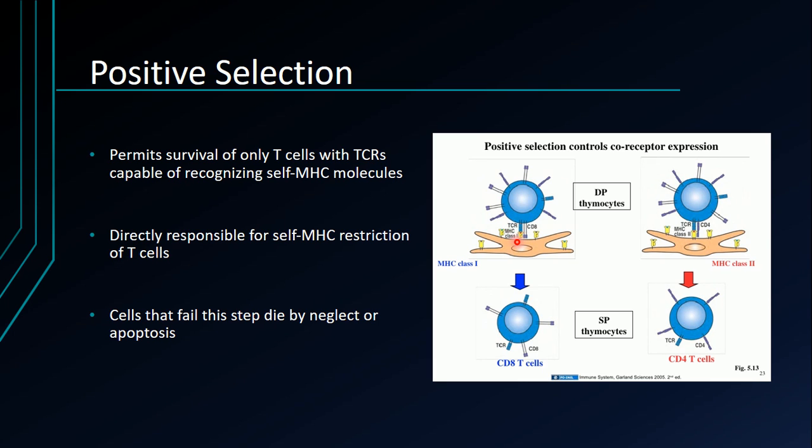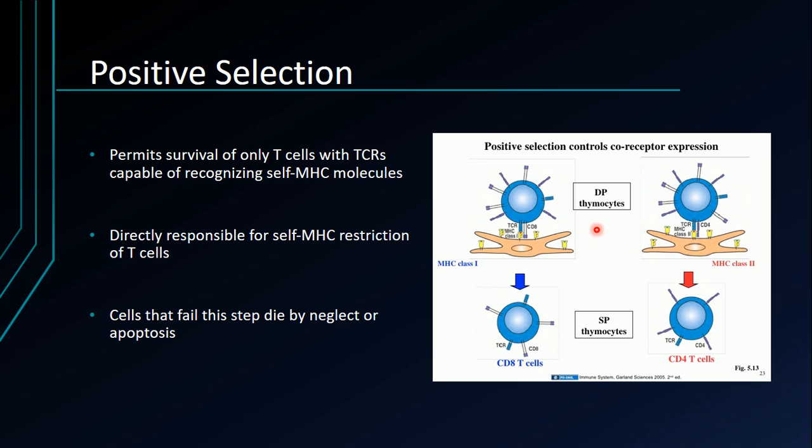And when I say self-MHC, I don't mean self-antigen, I mean the molecule MHC. So it's testing for the cells that bind the self-MHC correctly and just right. And this ends up with the self-MHC restriction of T cells.